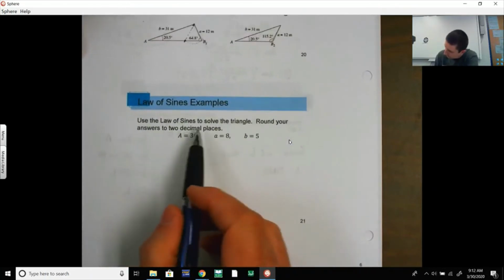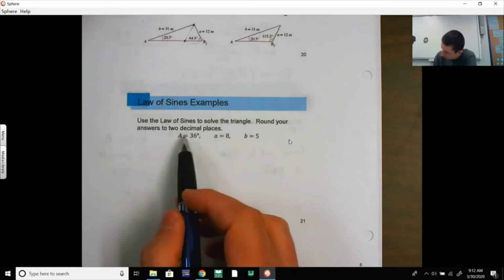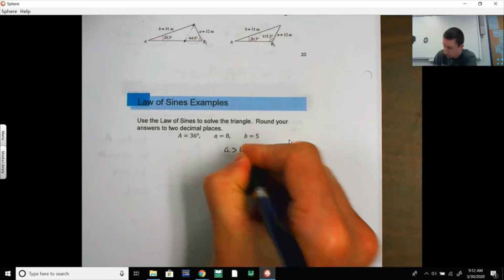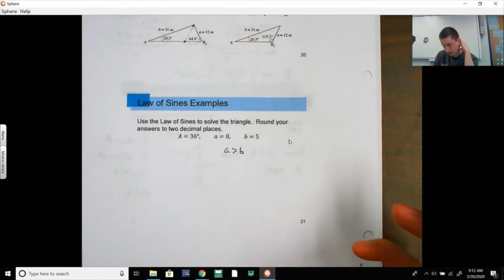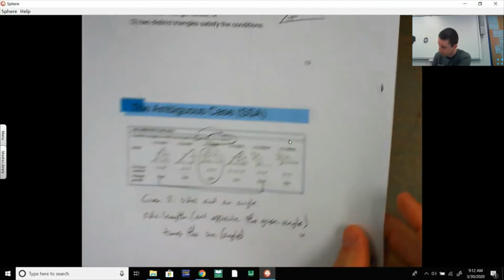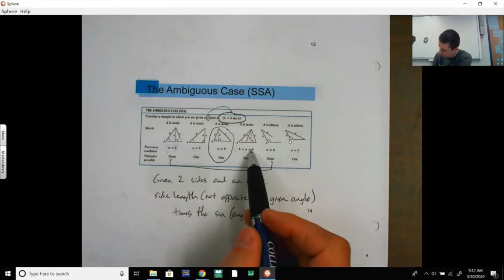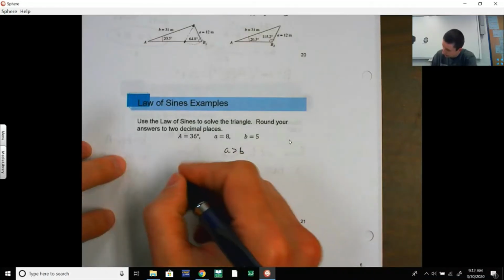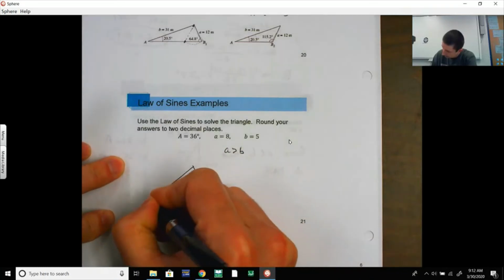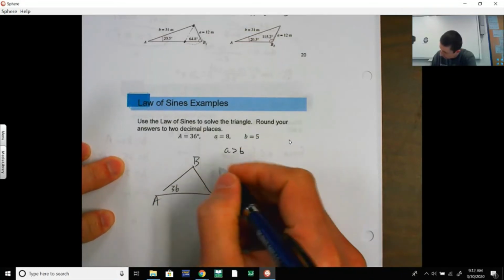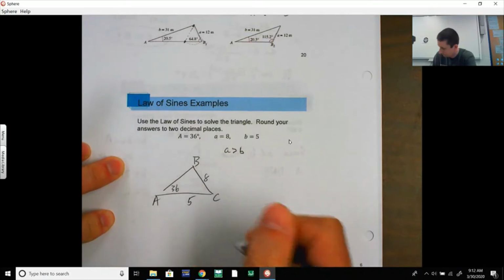Okay, use the law of sines to solve the triangle. Round your answers to 2 decimal places. So we have a is greater than b, and since a is greater than b, we don't have to worry about the two situations here. Only when a is less than b. So if this is a, b, c, A is 36, a is 8, b is 5.